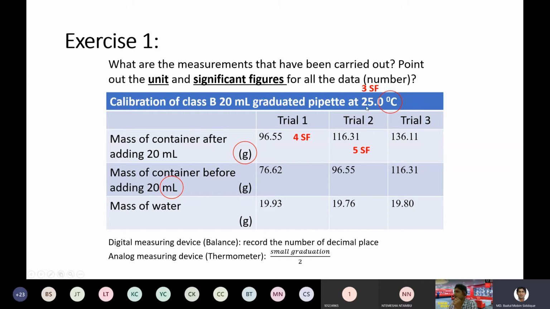Here as well, 25.0. Probably you will say that 0 is 0, so why should we consider it? But it is considered a significant figure for this type of calculation. So we have 3 significant figures, 4 significant figures, 5 significant figures here.